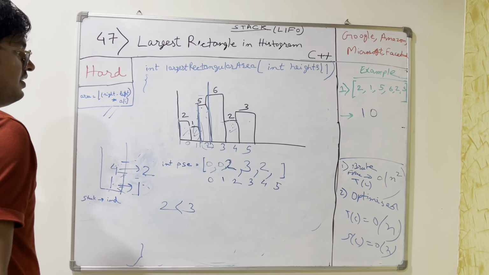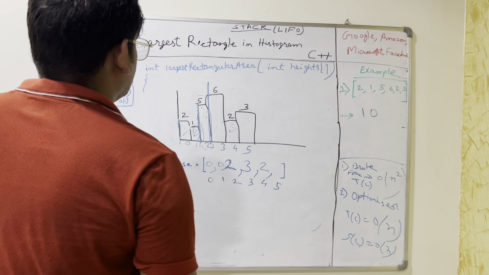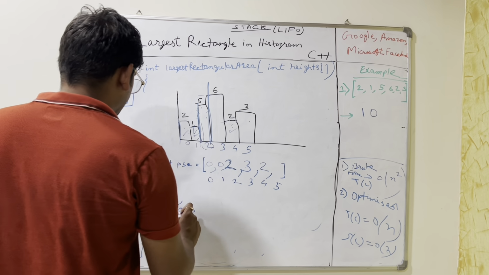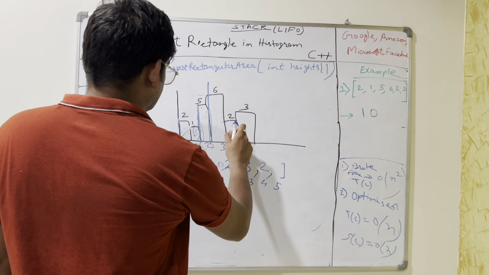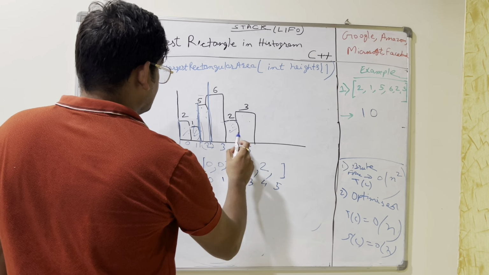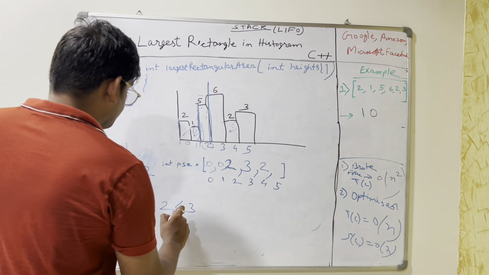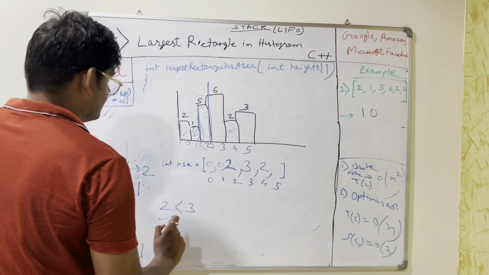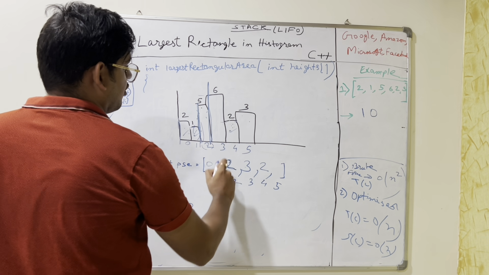The 3 is not less than 2. So for 3, the previous element is the smaller element, right? We want to find the smaller element. Since it is smaller than this, what would be the left boundary for this?